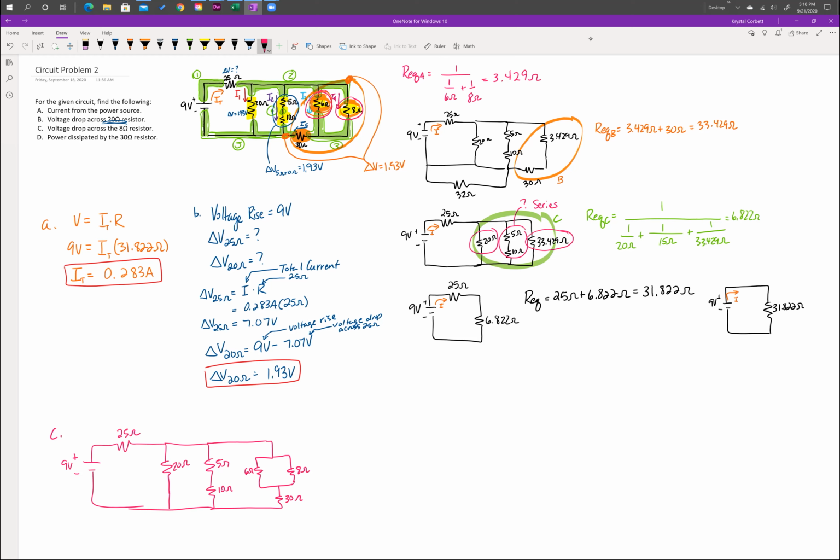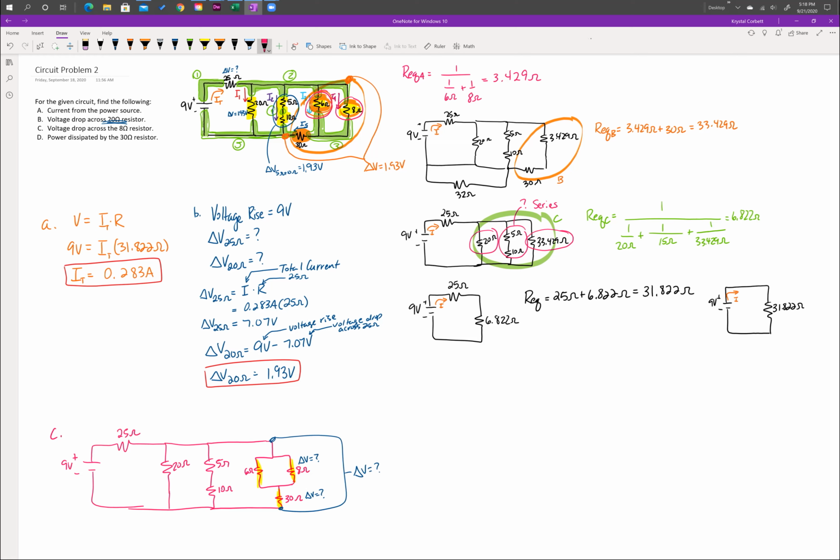Notice I have my 6 and my 8 ohm resistors in parallel with one another, and they're in series with the 30. That is the same thing that we have written above, but now you can see more easily how the 6 ohm and the 8 ohm are in parallel and then in series with that 30 ohm resistor. So if we're trying to find the voltage drop here, we might need to know the voltage drop here, the voltage drop here, or maybe the overall voltage drop, or maybe the current that passes through it.